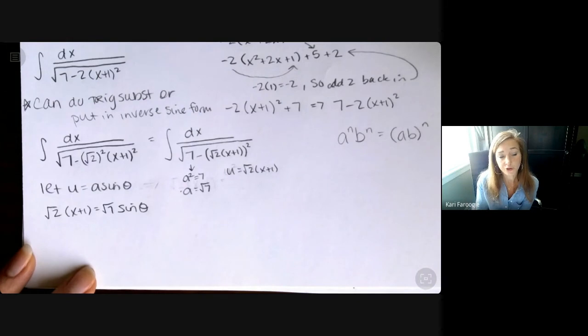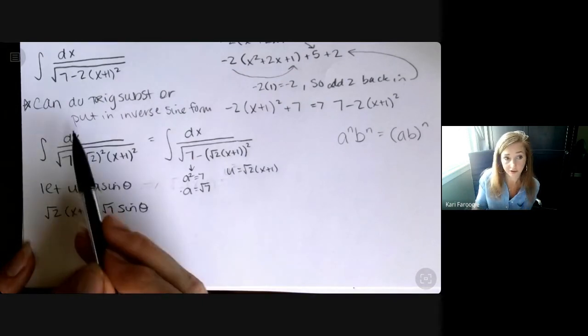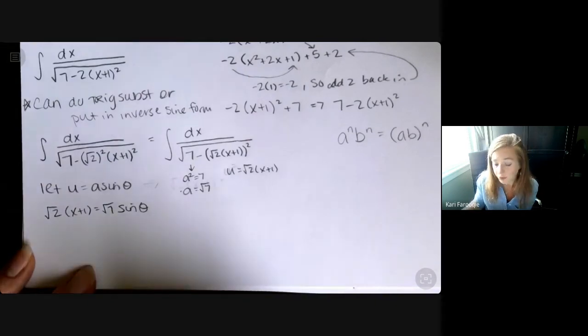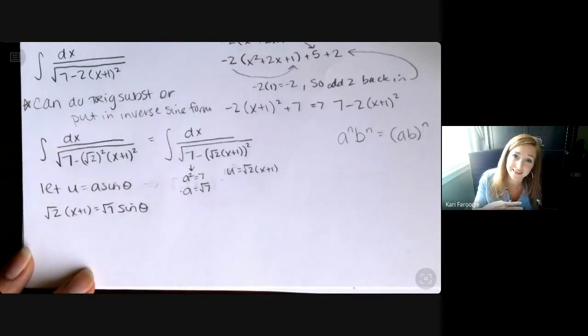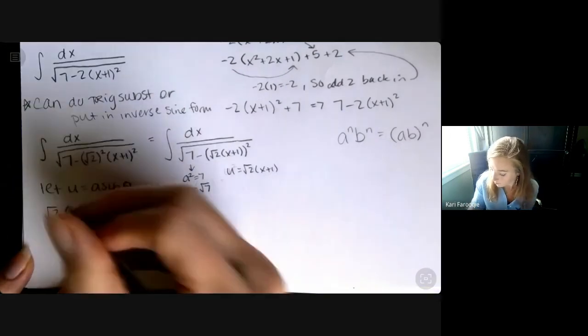Now, another tricky thing here is you have to remember that even though you don't actually need x in this integral, you don't have an x anywhere that you need to sub out, you are going to have to sub out your dx, and you're going to have some value for that. You can't get a dx without an x. So you're going to have to solve this for x so that you can get dx.